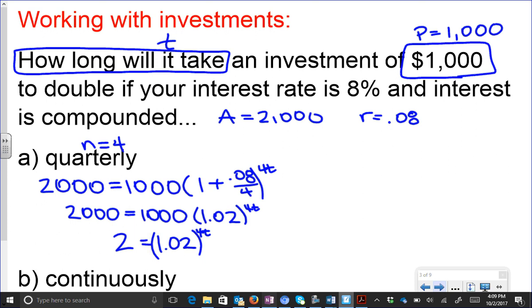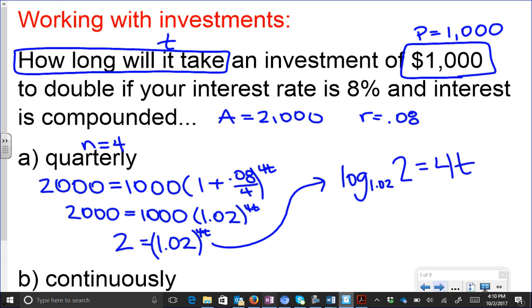Since we have our base to a power alone, we can rewrite this as a logarithm. We can write this as log base 1.02. I know it's awkward, but that is the base for the exponent, of 2 equals 4t.